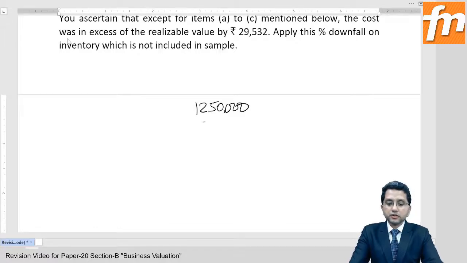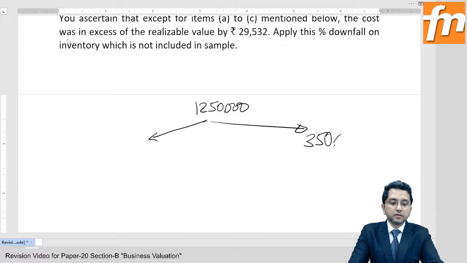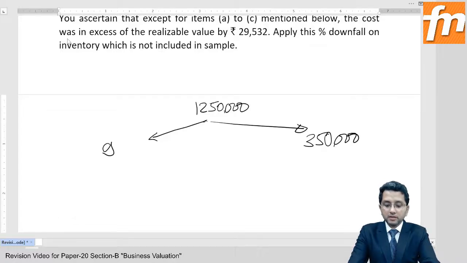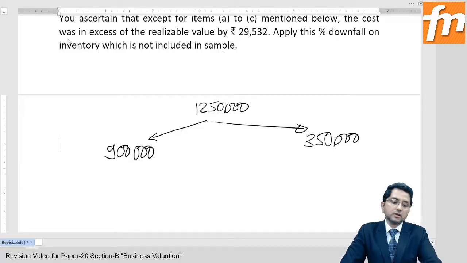Out of which you have chosen a sample of 3,50,000. So what is not included in this sample is ₹9 lakh.